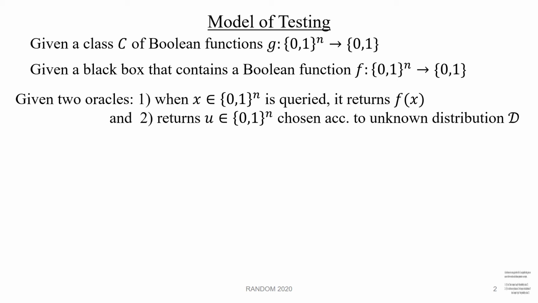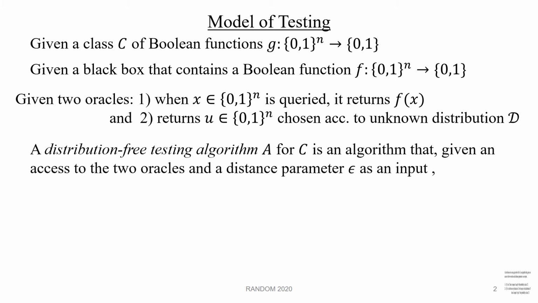The first returns the value of the function f in x, and the second oracle returns a random string u in {0,1}^n according to a distribution D that is unknown to the algorithm or to the tester.